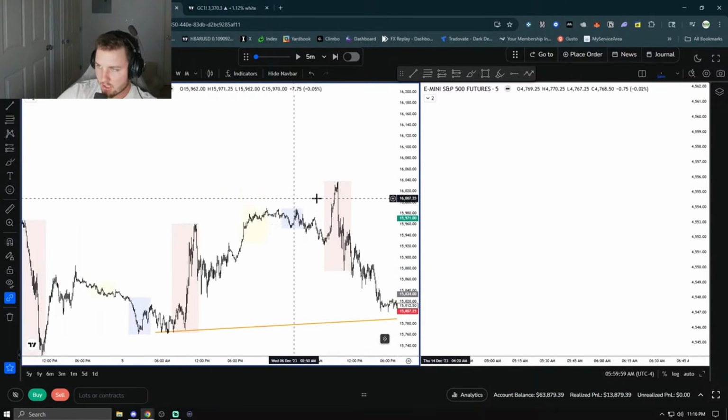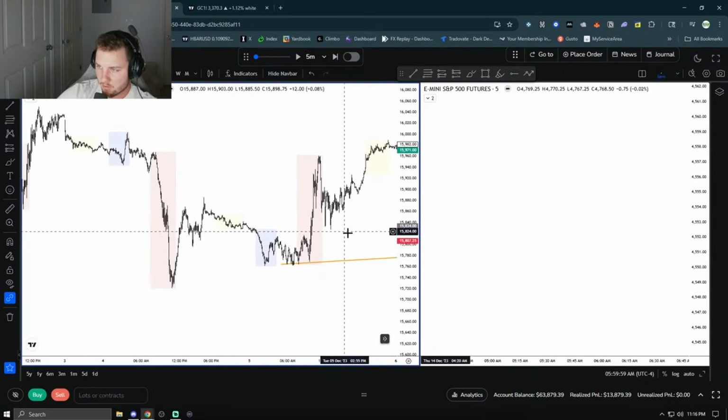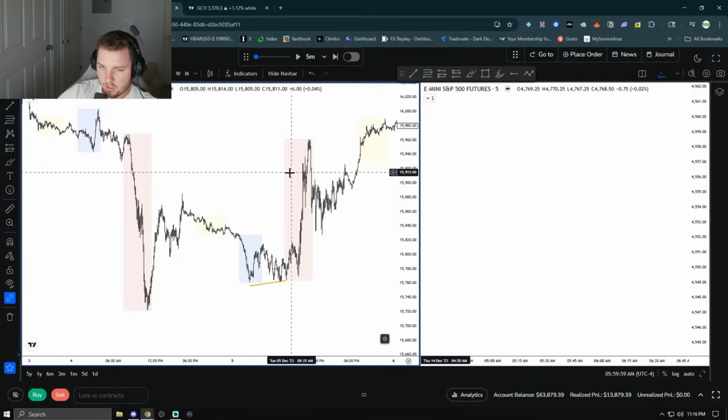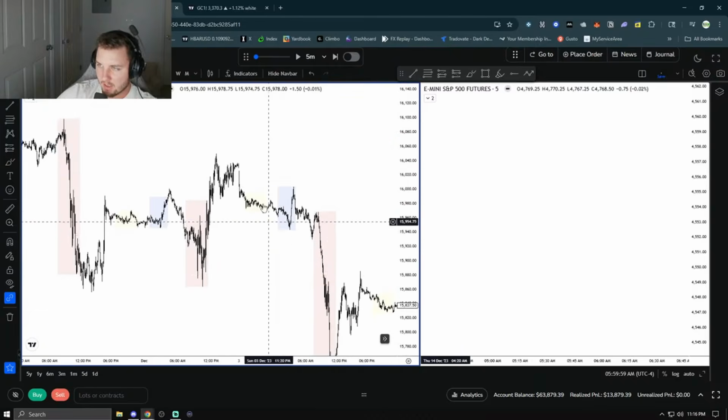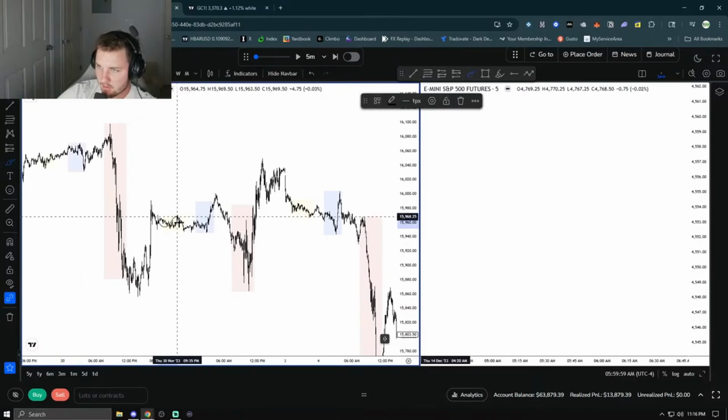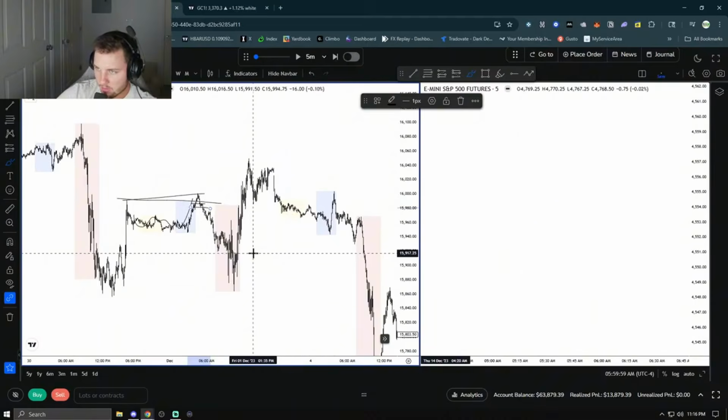So you understand the phases or the profiles. Accumulation, manipulation, low of day, SMT, distribution. So keep your eye on this and turn on the session so you can see accumulation, manipulation of the high, creating an SMT, CISD internally, closing back in the range.